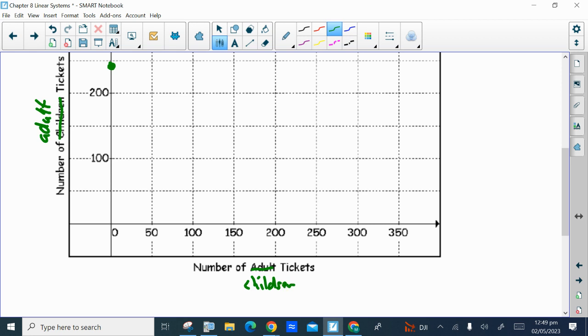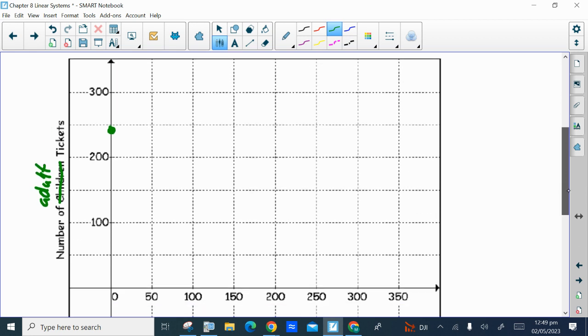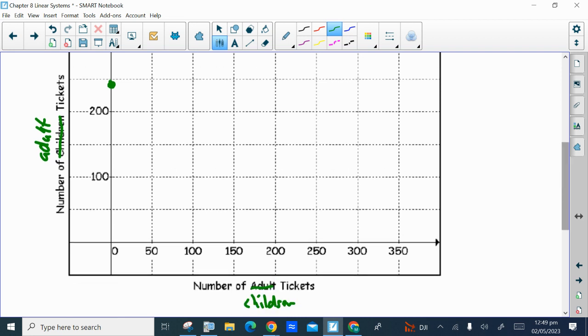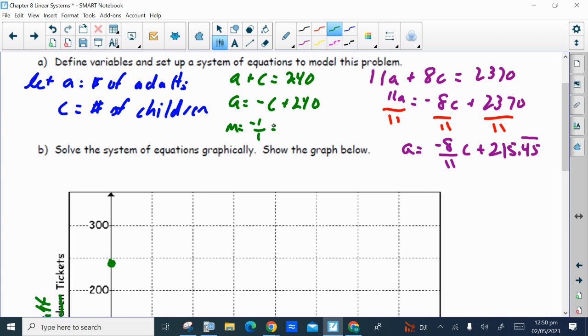Okay, that's no problem. But again, it's hard to go down by 1 and over 1 with the scale that we have. But the scale on both axes is 50. Along the children axis, it's 50, 100, 150, 200. Along the adult axis, it's 50, then they wrote 100, 150, wrote 200. They both have a scale of 50. So we can go down 50 and over 50. We can rise negative 50 and run 50.